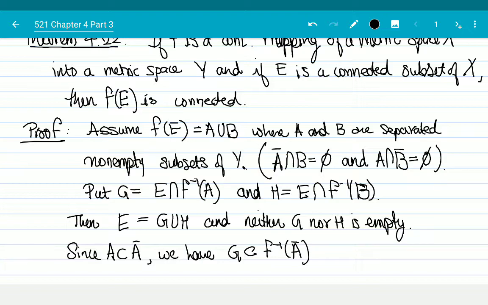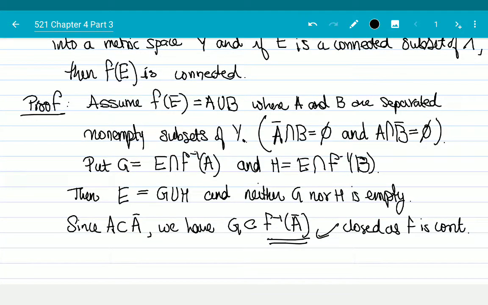Since the latter is closed, because f is continuous, it was another property that inverse images of closed sets are closed, it follows that G bar is a subset of f inverse of A bar.